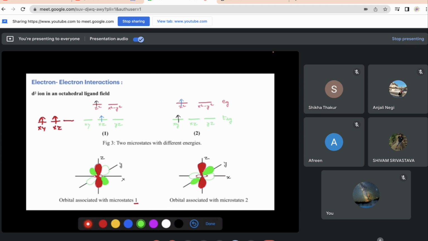So a group of microstates with the same energy is called a term, and the number of electronic transitions can be predicted from the number of terms.